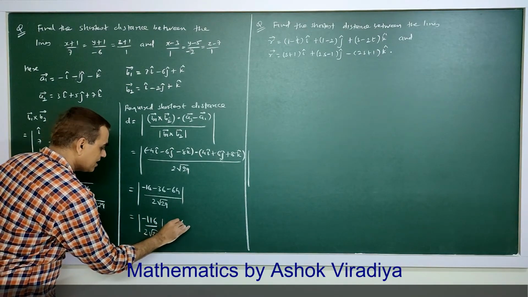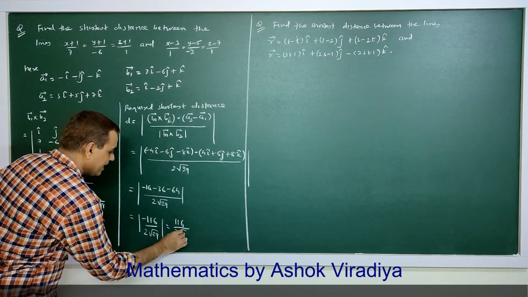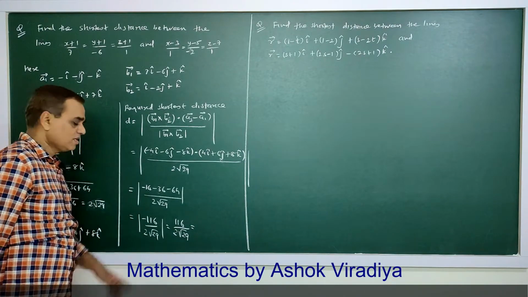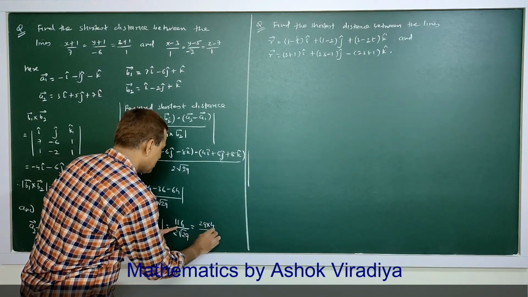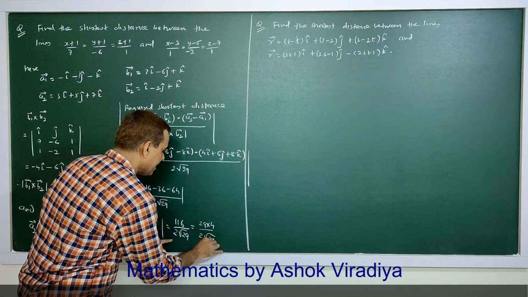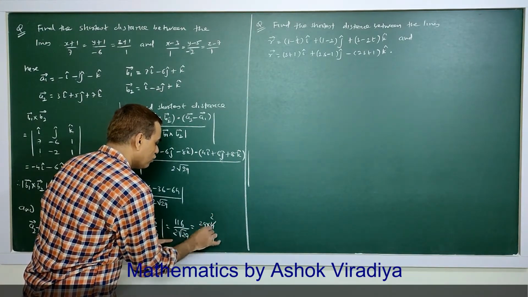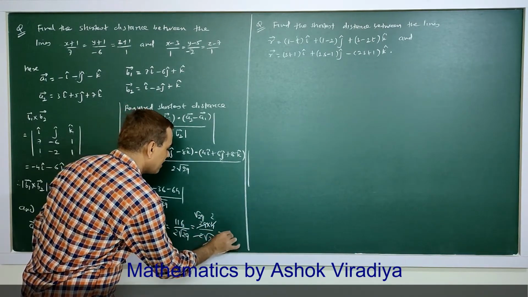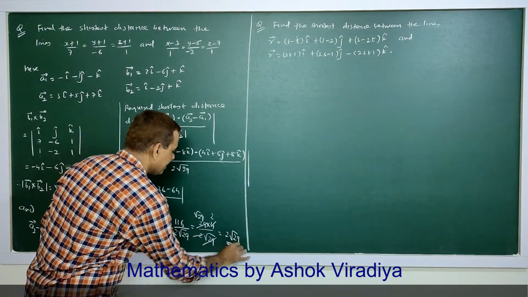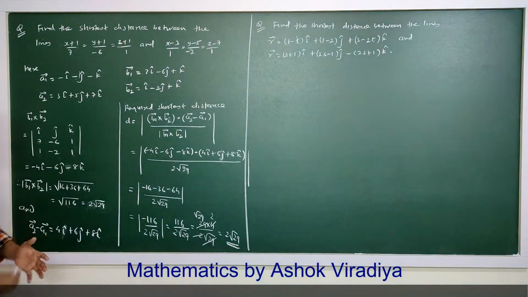So that is 116 upon 2 root 29. Now 116 is 29 into 4, upon 2 root 29. So 2 into 2 is 4, root 29 into root 29 is 29. So the value is 2 root 29. So this is the required distance.